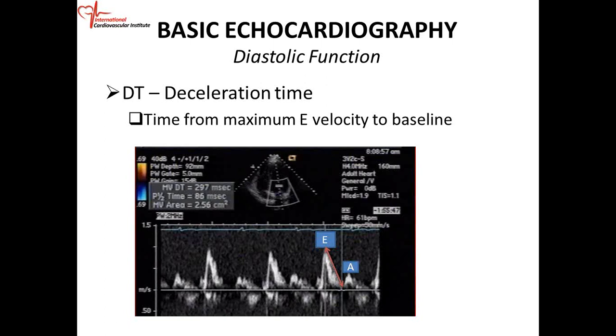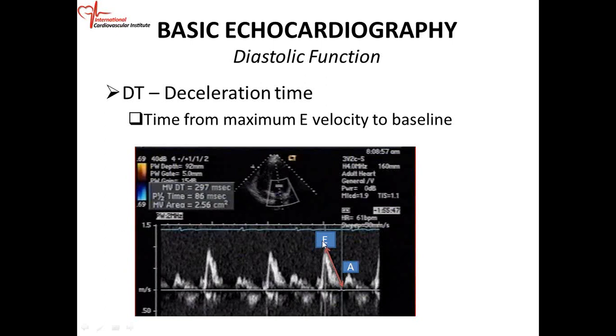The pressure gradient is equal to 4v squared, where v is the velocity. So we have velocity right here. We talk about the E velocity. So we can get a pressure at this velocity, which is equal to 4 times the velocity squared. So we can get a certain pressure right here.